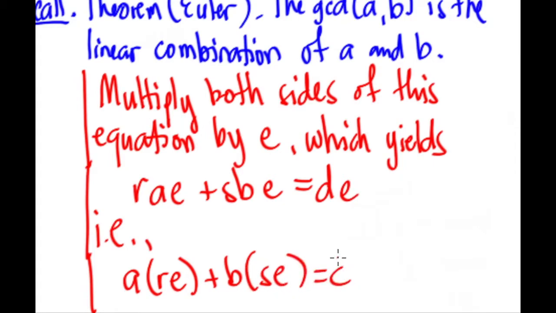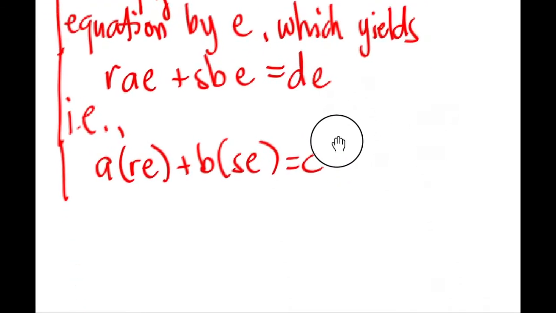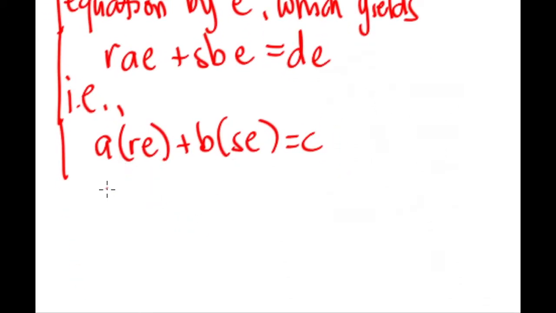So from this we can see that this can be an X, this can be a Y. So we have somehow an AX plus BY equals C kind of an LDE.